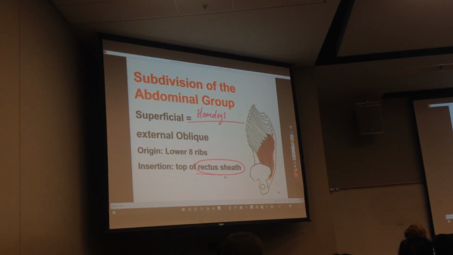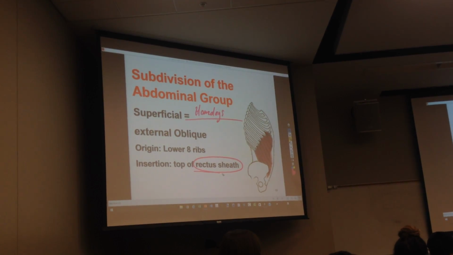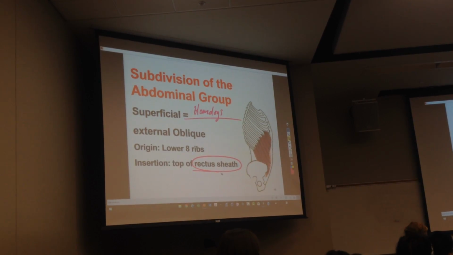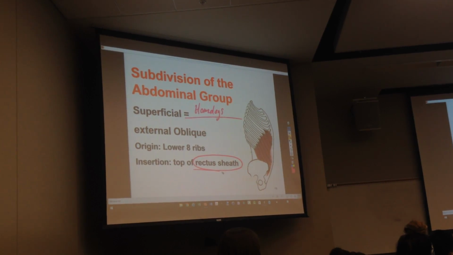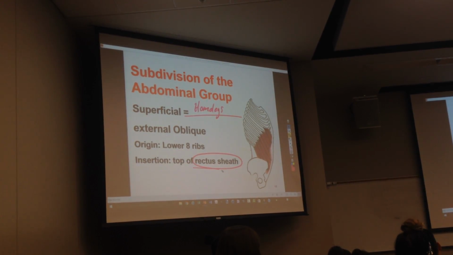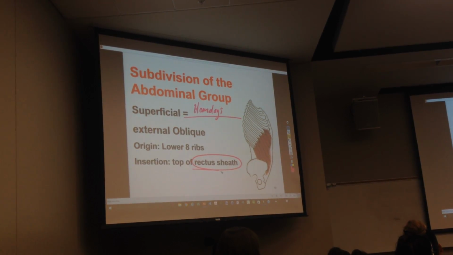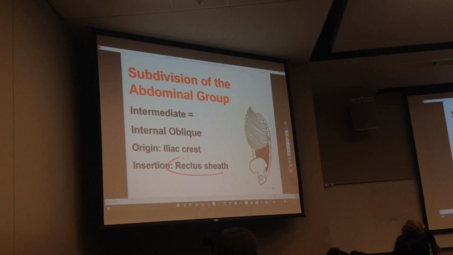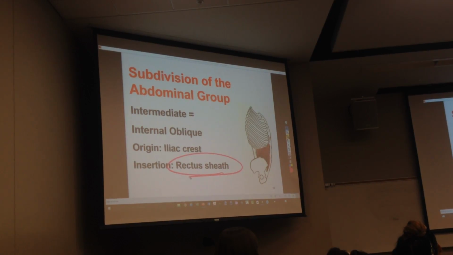Now, with this, there's something else that you should pay attention to, which is you also have something called a rectus sheath, okay? And we'll get to the idea of the rectus sheath in just a second, but what you'll notice is the muscle is actually inserting, so it's coming from here, and it's inserting onto the rectus sheath. Now, if we go to the next one, it says the same thing, inserting onto the rectus sheath.